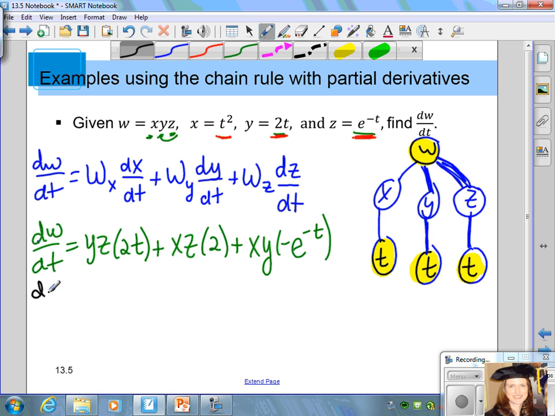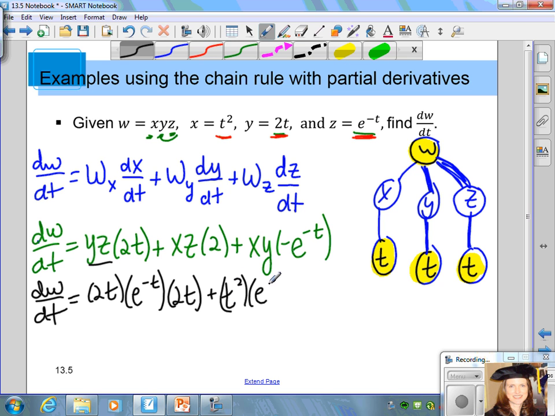So we get dw/dt is equal to 2t times e to the negative t times 2t, that's the substitutions here, plus t squared e to the negative t times 2, plus, again, we're going to be replacing the x and y with what it equals. That's our t squared, 2t, and a negative e to the negative t.